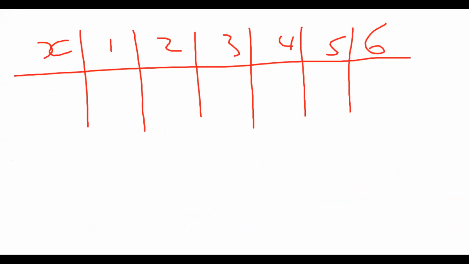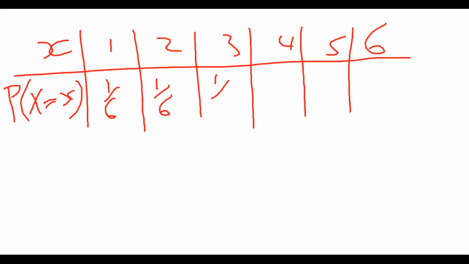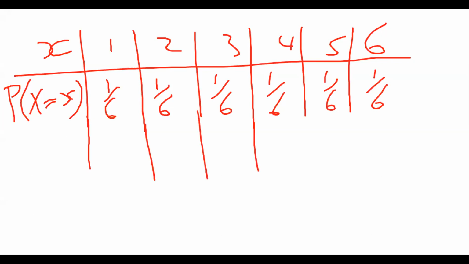So the probability of X being equal to x, since there are only 6 sides, the chance of each appearing on top is the same, 1 out of 6. All of them, 1 out of 6. Now, you just want to get the mean, or what you call the expectation in this case.